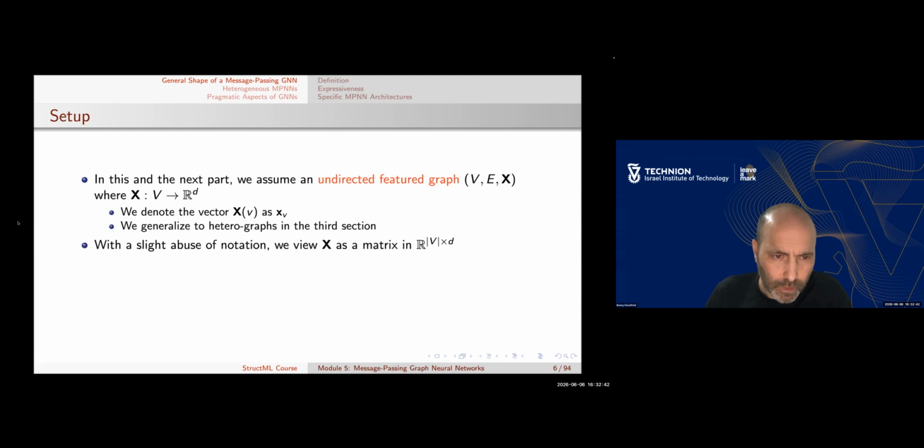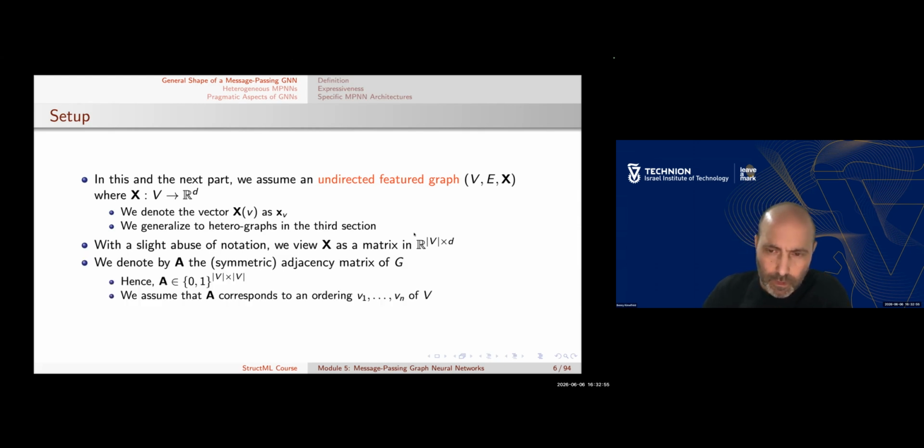Now, as usual, we'll look at X as a matrix in R^(V times D), essentially choosing a row number for every vertex, and this corresponds to the adjacency matrix A, which is a symmetric matrix with entries in 0, 1.